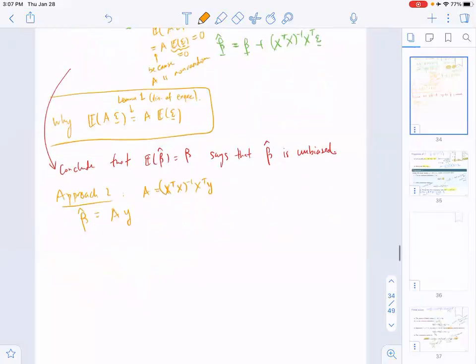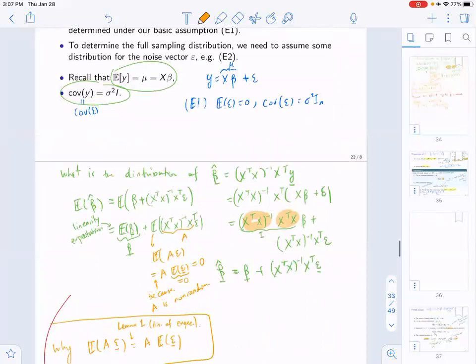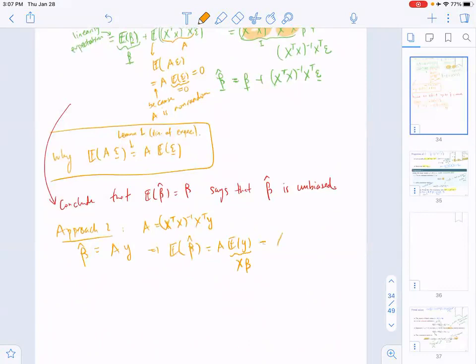Now the expectation of beta hat is A times the expectation of Y by the same idea. We have shown that this is X beta, from our previous discussions. So this turns out to be A X beta, and then you can show that this is actually the identity.